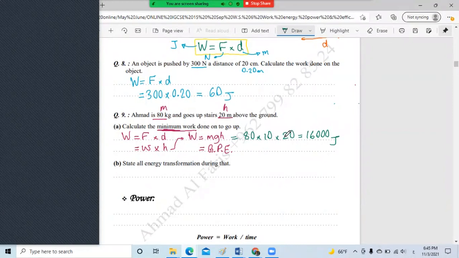The change in height from the ground position, height 0, to the height of 20, so 20 minus 0 is 20. So that's the answer.